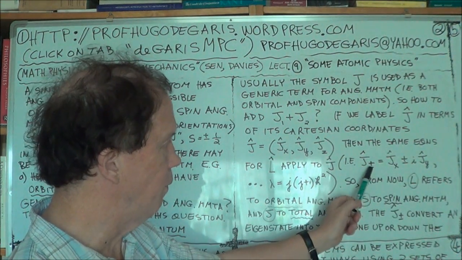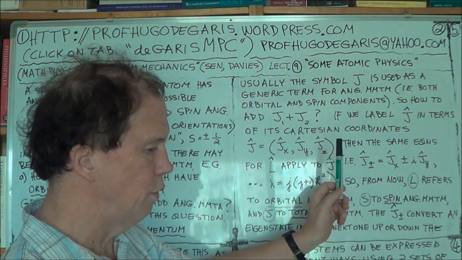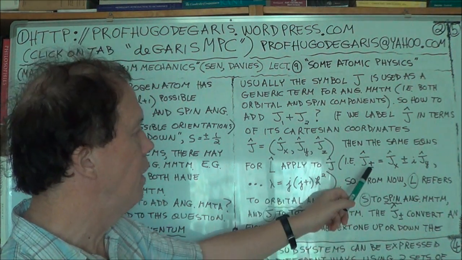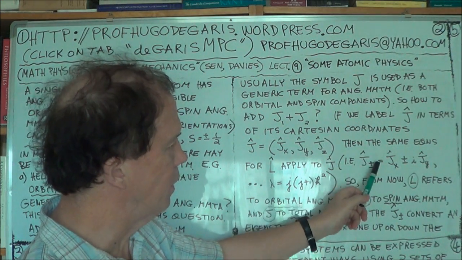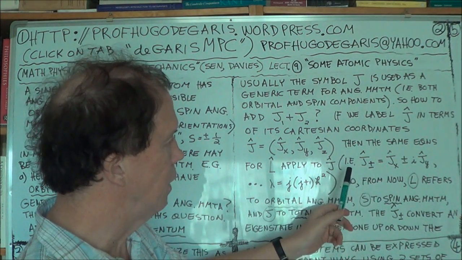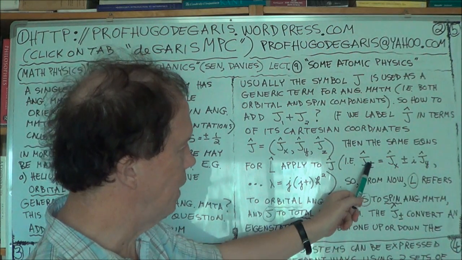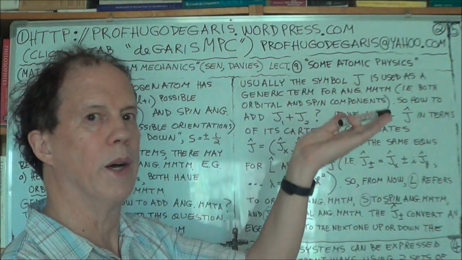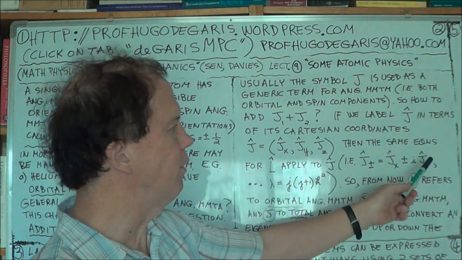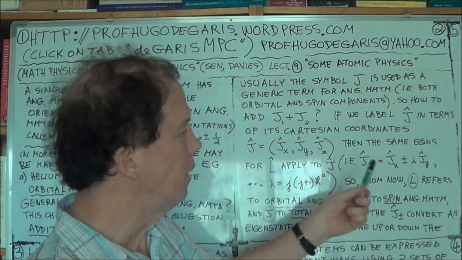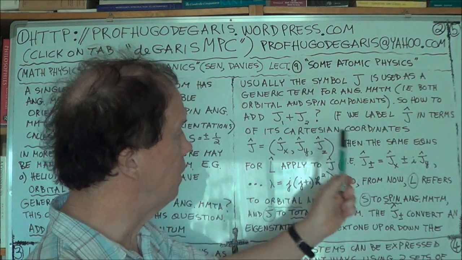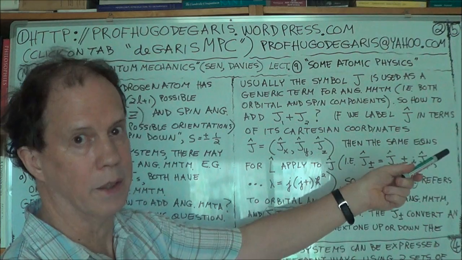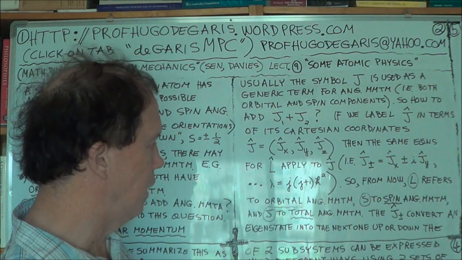Then if you apply, say, J squared to J plus of an eigenfunction, this J plus will raise the eigenvalue by a multiple of 1. Now I'm being a bit vague. We've done this sort of thing before, and the J case is very similar, and we'll cover it in greater detail in the next sessions.